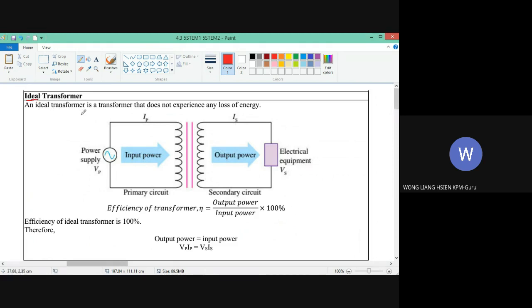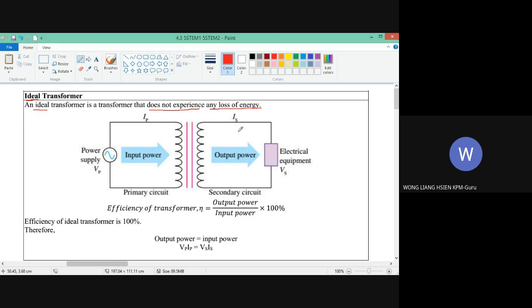An ideal transformer is a transformer that does not experience any loss of energy. Basically the meaning of the word ideal is that it is perfect. So a perfect transformer, or an ideal transformer, is a transformer that does not experience any loss of energy.